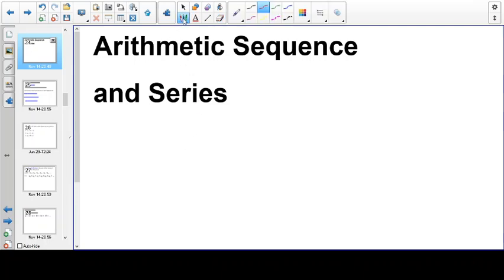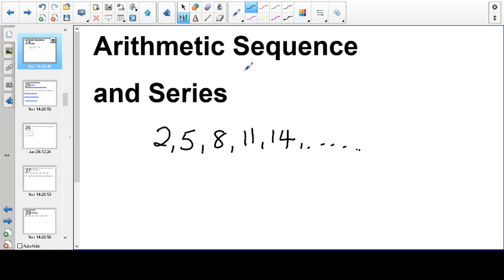Now, an arithmetic sequence is just another word for a linear sequence. So you are already familiar with sequences like this that are going up by the same amount each time. This would be a linear sequence that you've already known about.